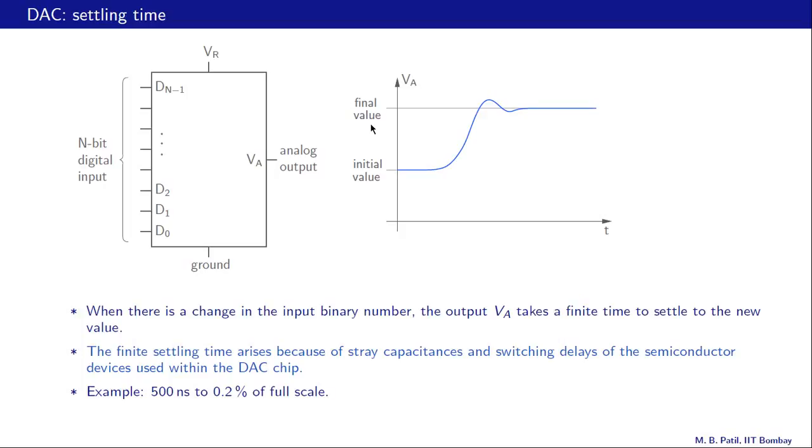So our VA has to change from 1 volt to 2 volts. Suppose our full scale is 10 volts and 0.2% of 10 volts is 20 millivolts. So that means to go from 1 volt to within 20 millivolts of 2 volts is going to take 500 nanoseconds. So that is what this specification means.